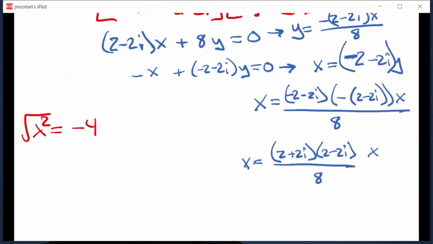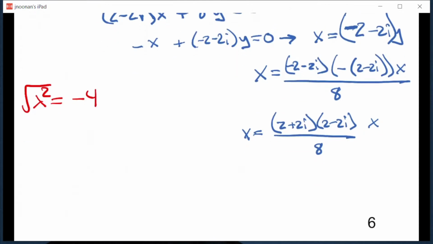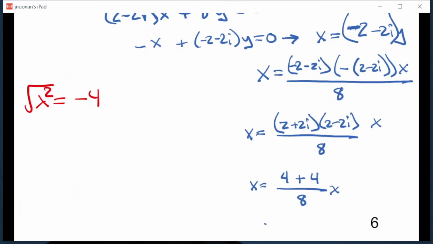Let me explain what I did: I took this negative and I said, hey, it'd be more convenient to multiply that -1 times this than to multiply it by this. That'll get rid of a bunch of negatives. So that's why this became positive. Now I'm going to multiply all that mess together, and that gives me this. This is 4 plus 4 over 8. And sure enough, x is equal to x. So those check out. Those are the same equation.